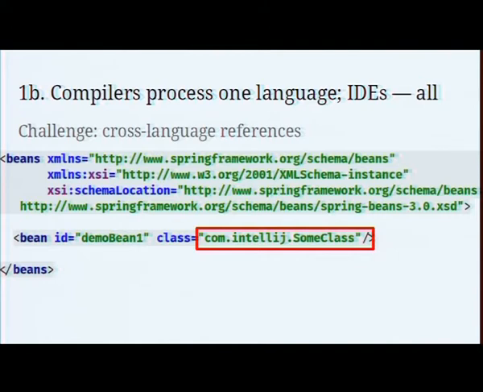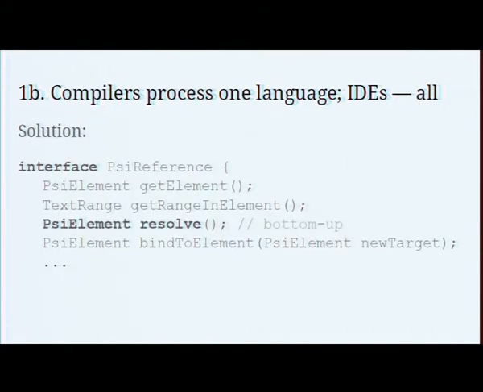So how do we address that? We have a unified notion of reference, applicable to all possible languages that our IDEs support. My examples are mostly Java and XML, but this all applies to other languages. They are quite similar. So a PSI reference just says that in some PSI element, in some range inside of it, there is a special reference.